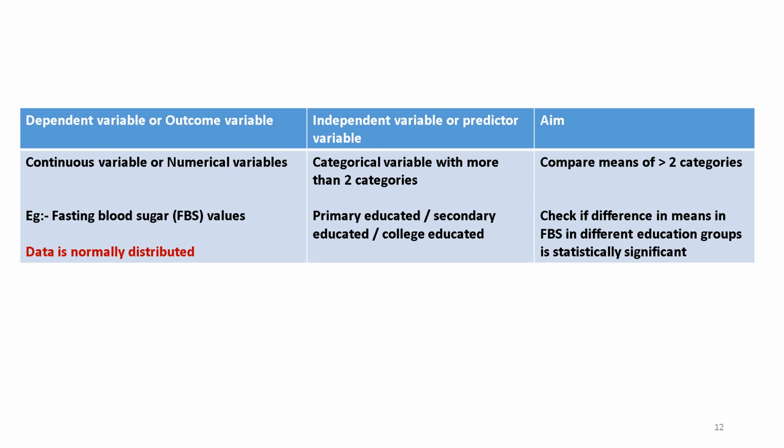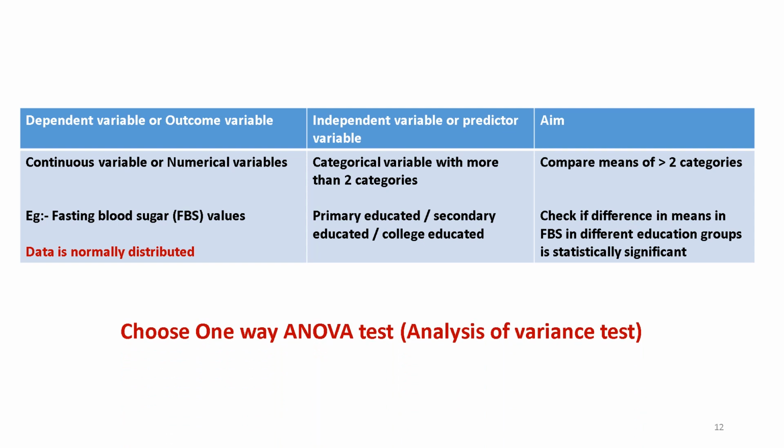Check if the difference in means in fasting blood sugar in different education groups is statistically significant. We can apply one-way ANOVA test because data is normally distributed, right? So we have to choose a parametric test, and the number of independent groups is more than two. So we have to choose one-way ANOVA test.